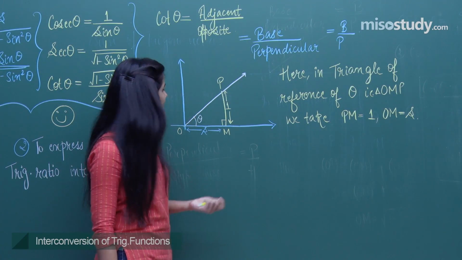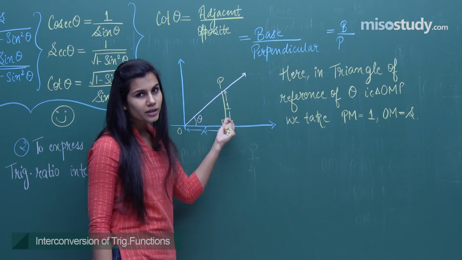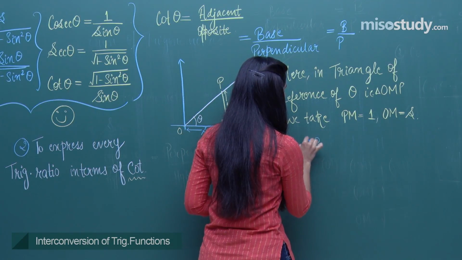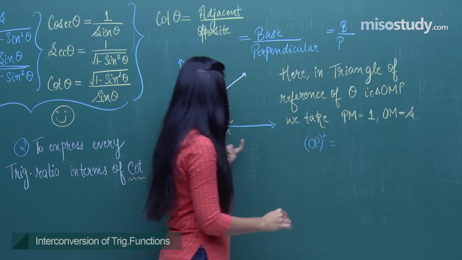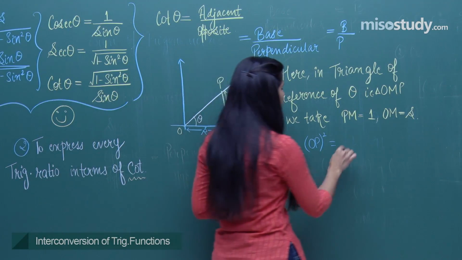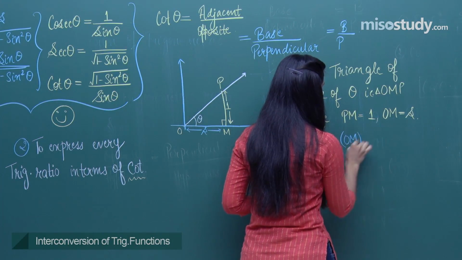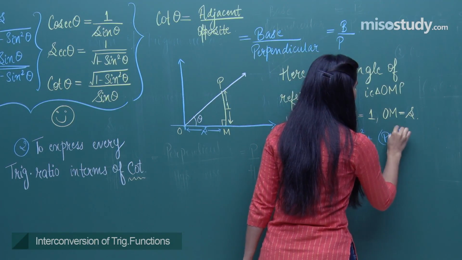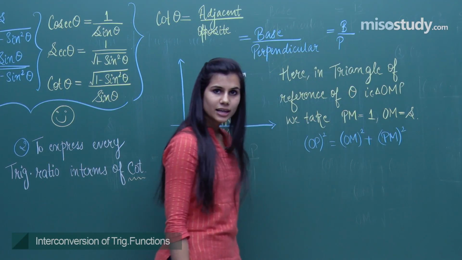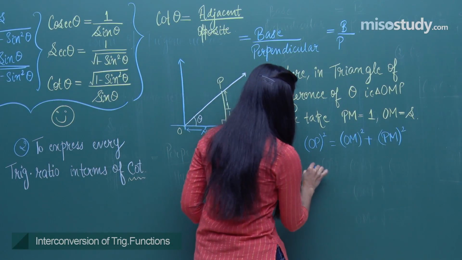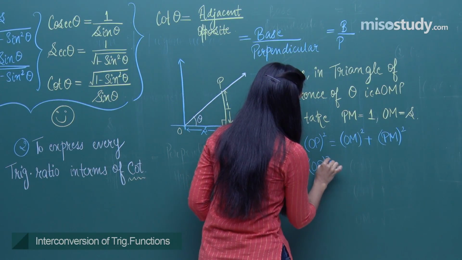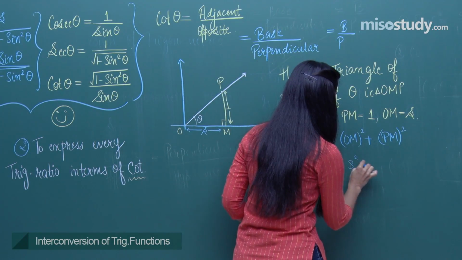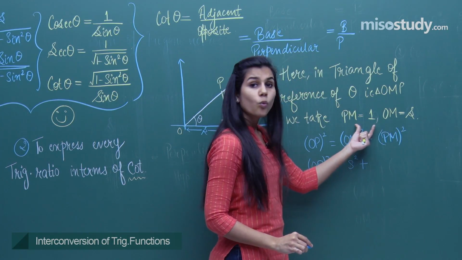How does that come? Just use the Pythagorean identity, which you know is that hypotenuse square is equal to base square, which is OM square, plus perpendicular, which is your PM square. And you get that your OP square is equal to your S square plus your 1 square.